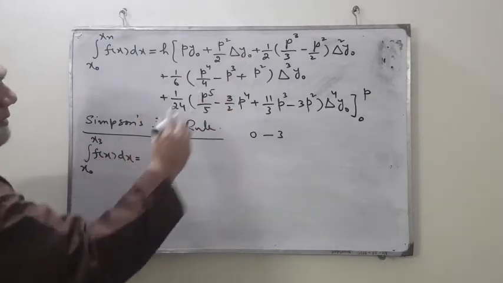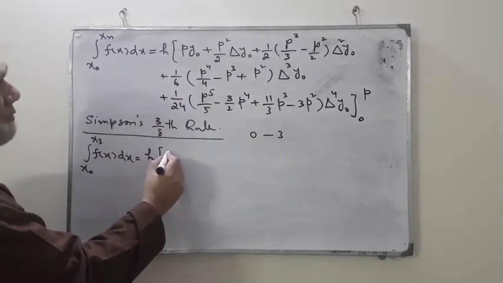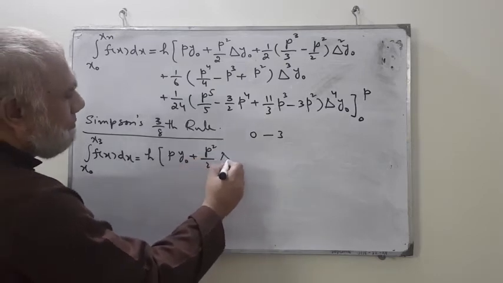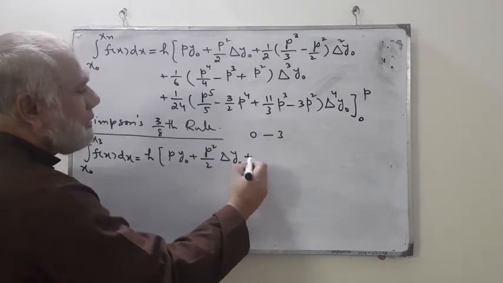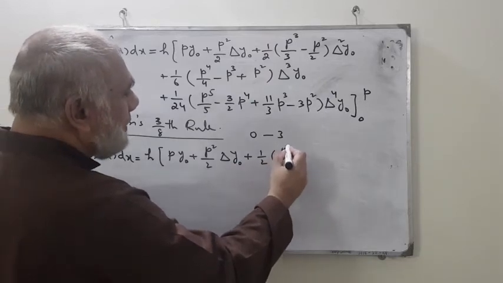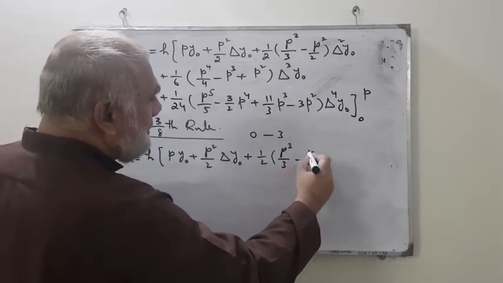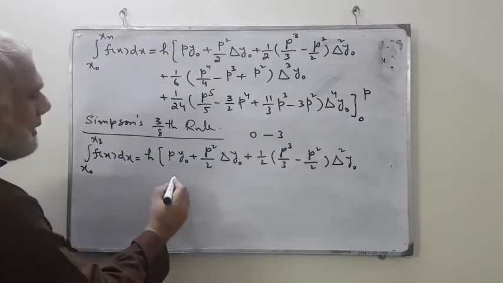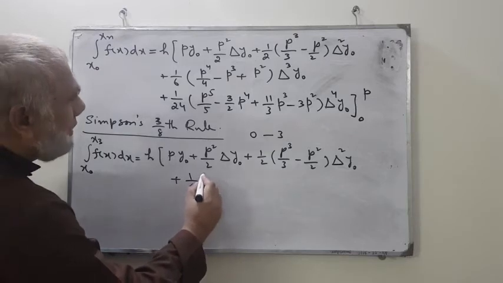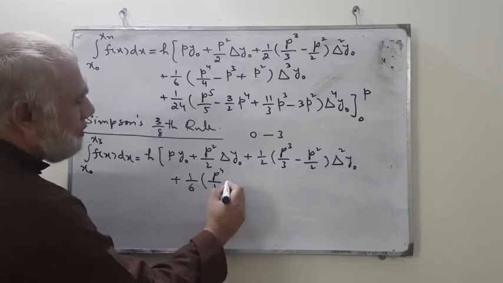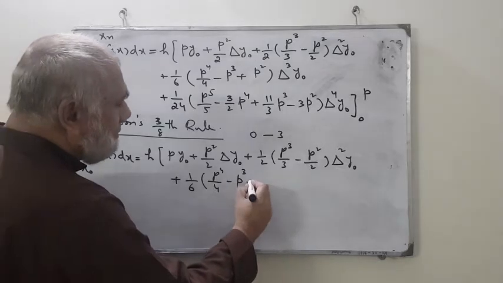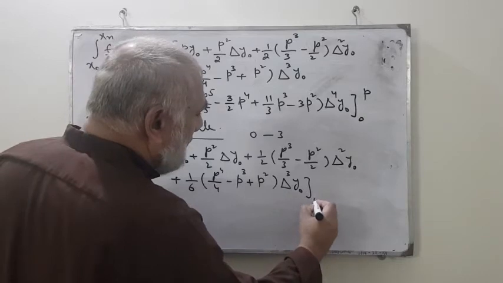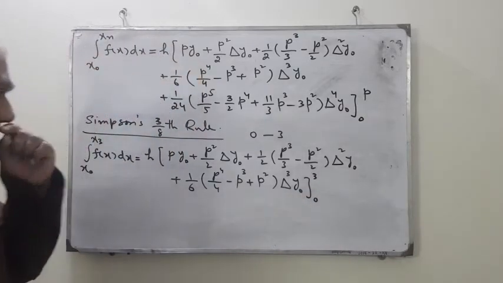On the right side it goes to p y0 plus p square by 2 del y0 plus 1 by 2 (p cube by 3 minus p square by 2) delta 2 y0, and one more term we have to write down: 1 by 6 (p4 by 4 minus p cube plus p square) delta 3 y0, and the limits are from 0 to 3.